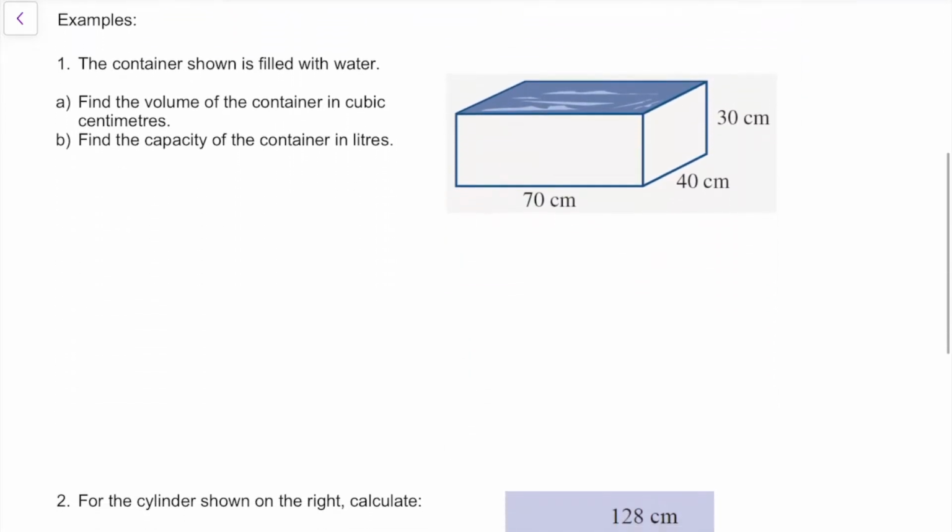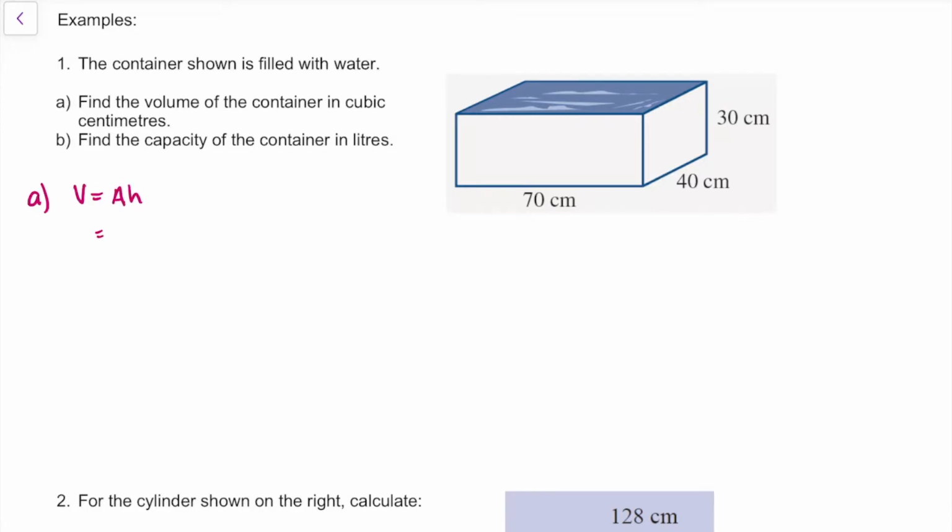Here's our first example. We have a container that is filled with water. Okay, the volume of the container in cubic centimeters is the first thing that we need to find, and then using that to find the capacity. So let's do A, find the volume of the container. So we have volume equals the area of one of the faces times the height.